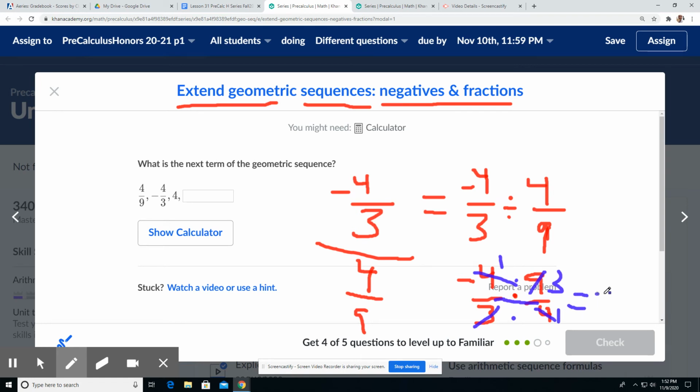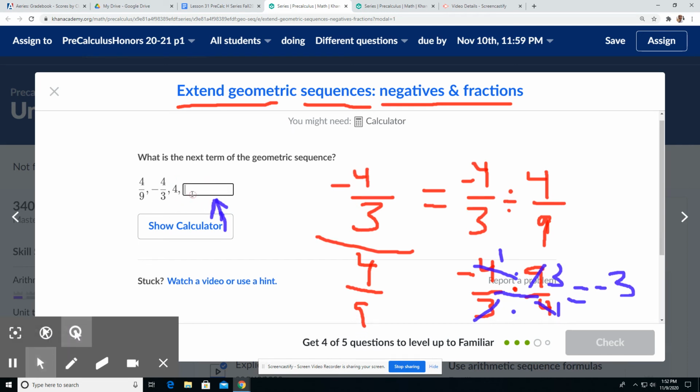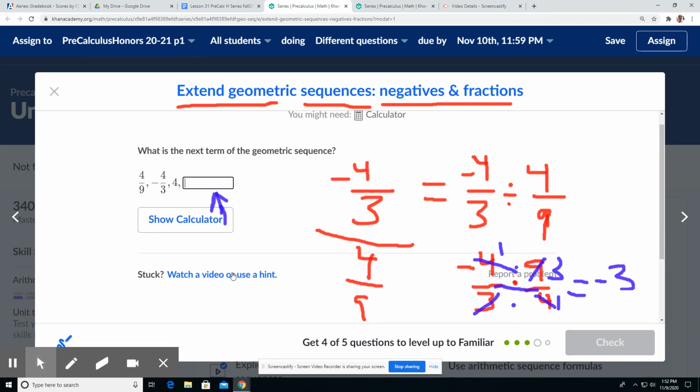This all turns into negative 3. So looks like we're just multiplying by negative 3 here each time. So that means this next entry is going to be negative 12. 4 times negative 3, negative 12.